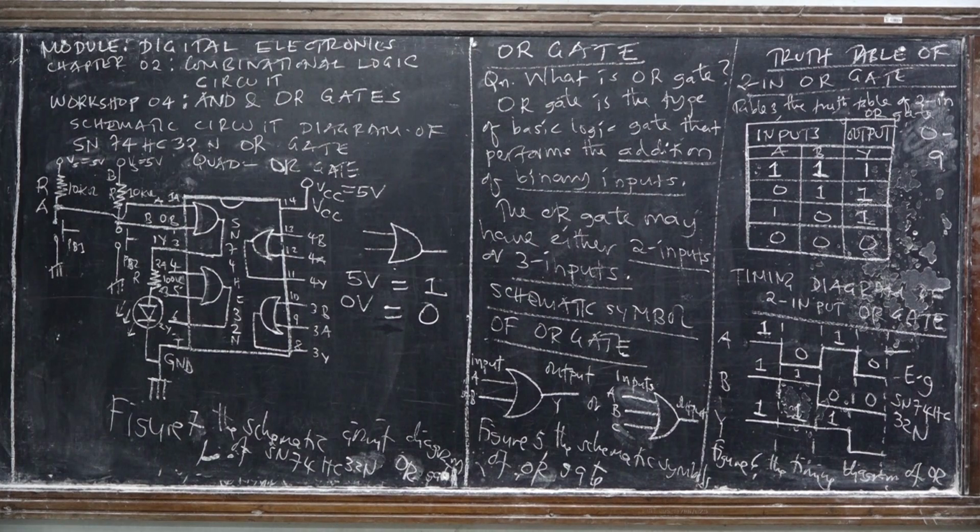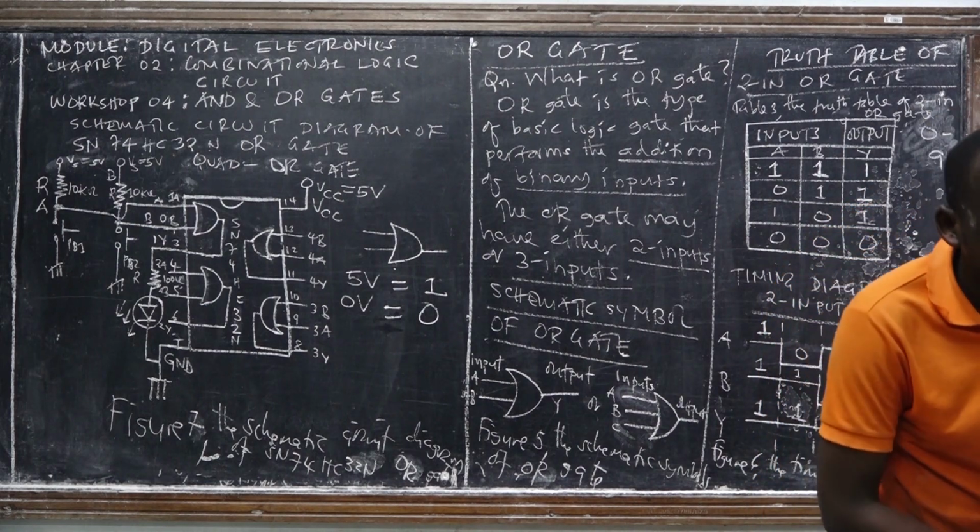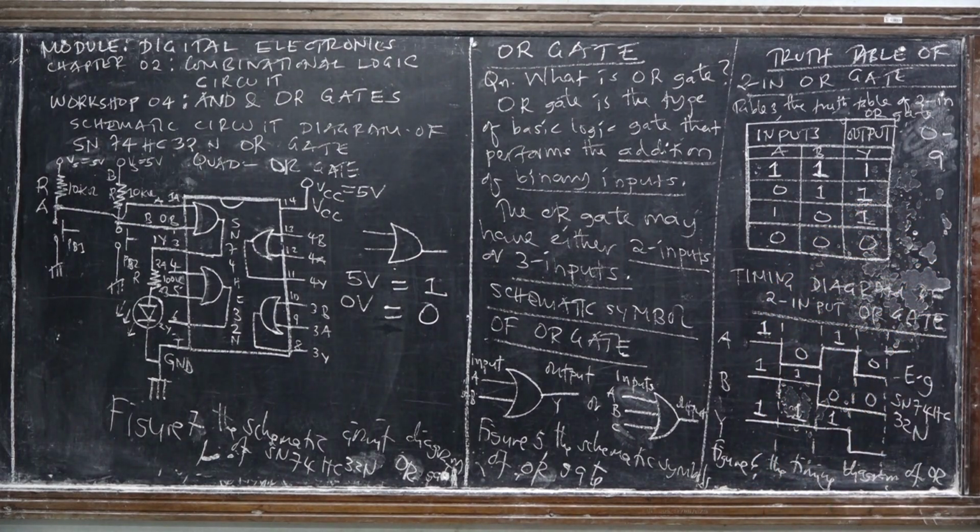The second question is what? Draw the truth table of 3 input OR gate. The third question is what? Draw the schematic circuit diagram of 3 input OR gate, and also explain the principle of operation. Once you do those 3 questions, you are a very good student in basic logic gates.